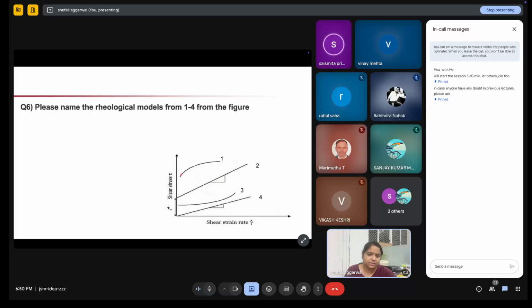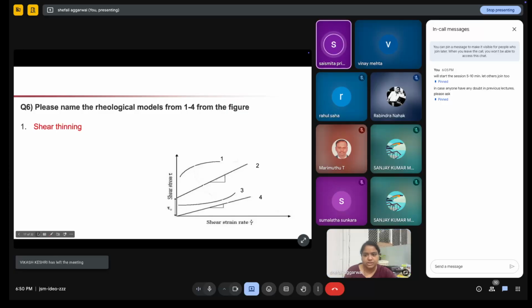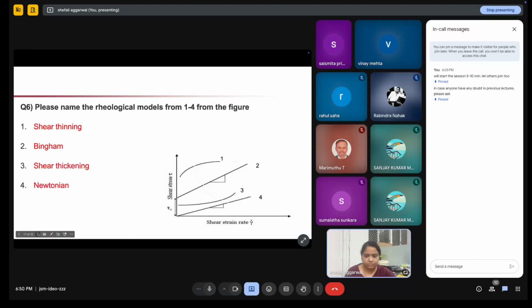So one will be when it is getting thin and this it is getting thicker. So your one will be shear thinning, 2 Bingham as you have told, 3 shear thickening and 4 Newtonian. Okay. So in concrete system mainly which type of model is followed? Bingham, correct. Bingham model.